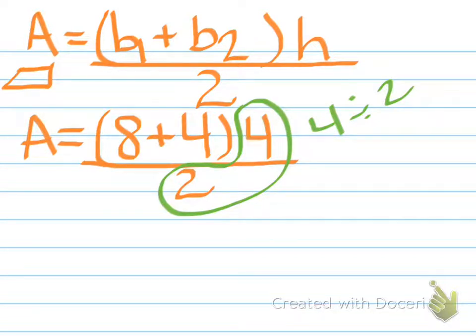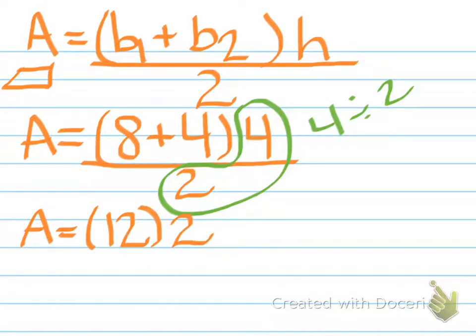So I'm going to go back to the orange and do a simplification step. 8 plus 4 in the parentheses is 12, but I'm also going to say that 4 divided by 2 is 2, so I'm left with the last step of saying 12 times 2 is 24.